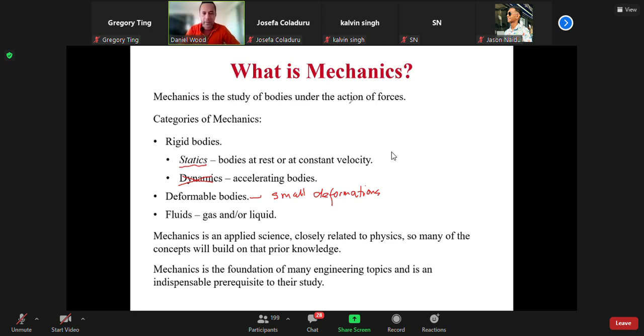So it is a deformable body, but not in what you guys would consider a macro event, like a car crash or something like that, where it gets deformed catastrophically, okay?